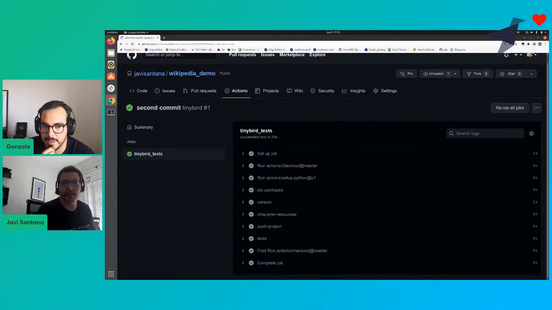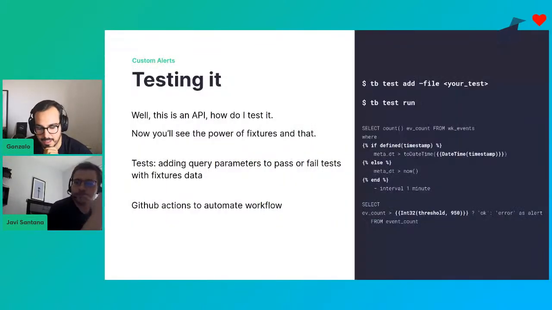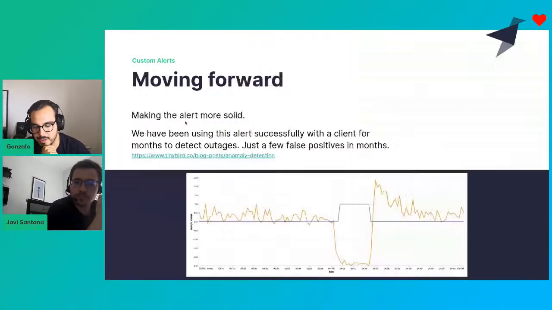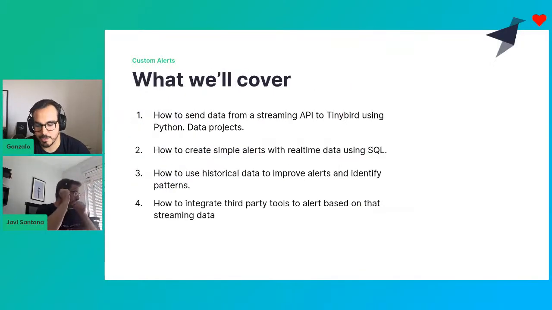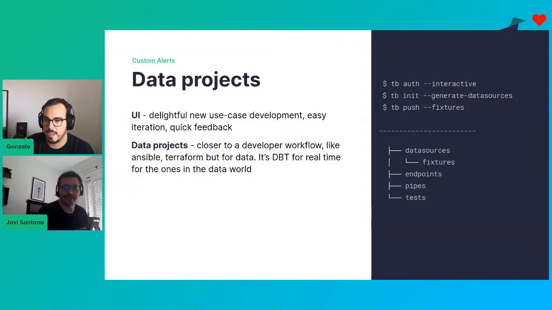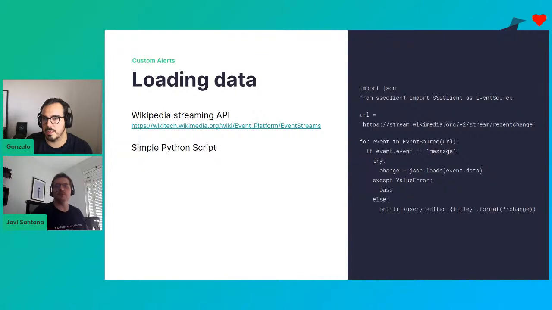Anyway, yeah. Gonzalo, just a quick recap from the very beginning, and also to show you the thing that we didn't have time to see. We started with data projects, introducing data projects, the UI, and what we use data projects for: TB auth, TB init, TB push. We used the streaming API from Wikipedia in order to load all the data.